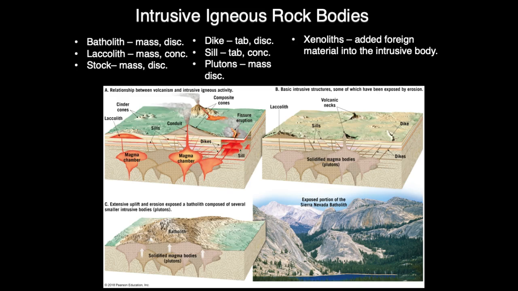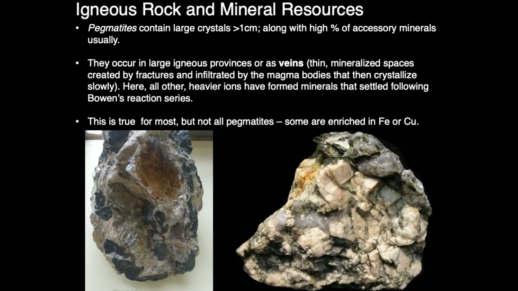For the remainder of the lecture, we're going to look at igneous rocks and mineral resources. So in recent years, there has been an exponential increase in the demand for metals due to the growth in population, obviously, of the planet, and the growth of the middle class more specifically. Some of the accumulations of metals such as gold, silver, copper, mercury, lead, platinum, and nickel are produced by igneous processes.